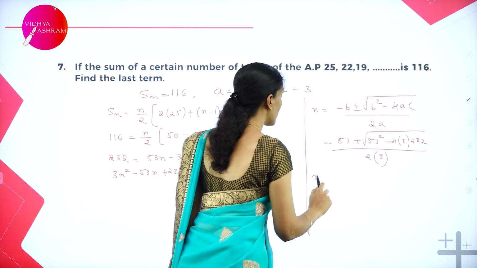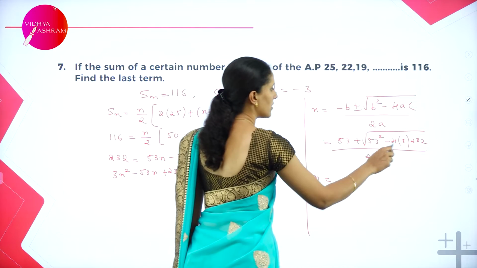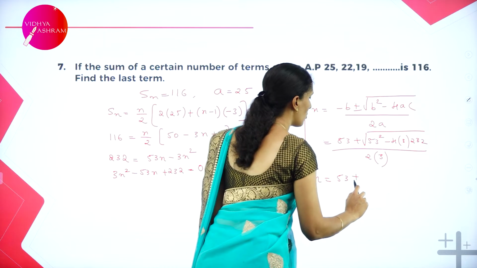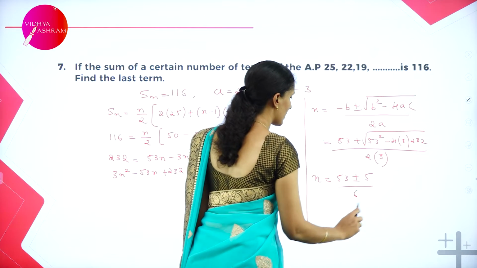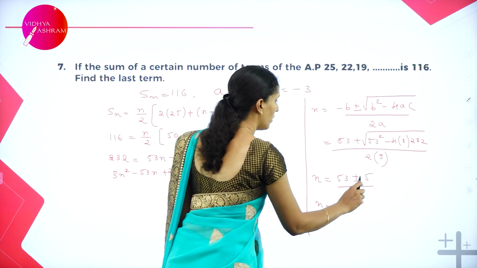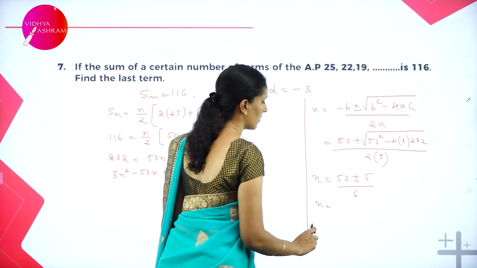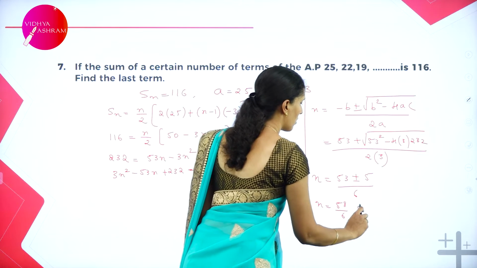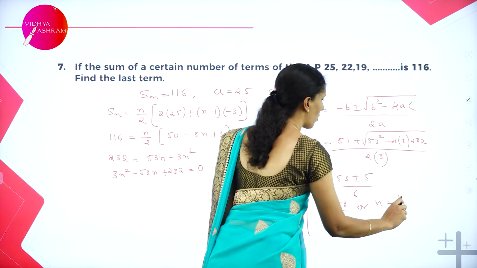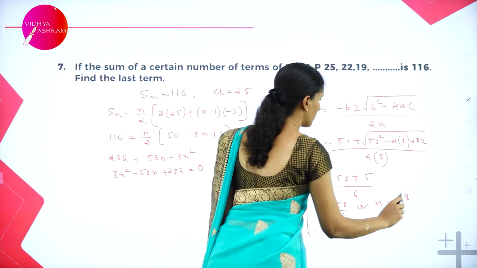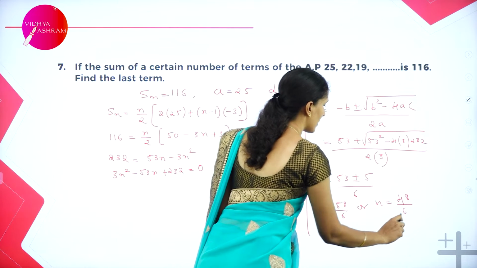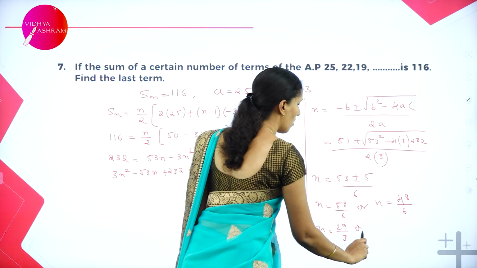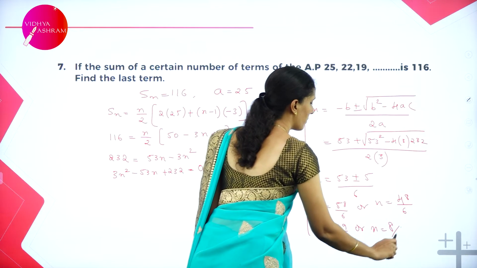On solving this, you will get 53 plus or minus 5 divided by 6. So you get n is equal to 58 by 6 or n is equal to 48 divided by 6. So n is equal to 29 by 3 or n is equal to 8.